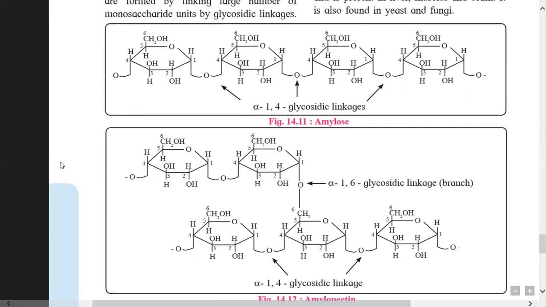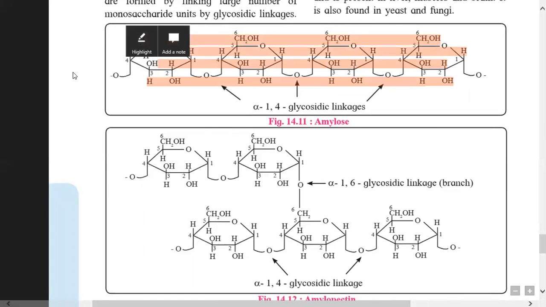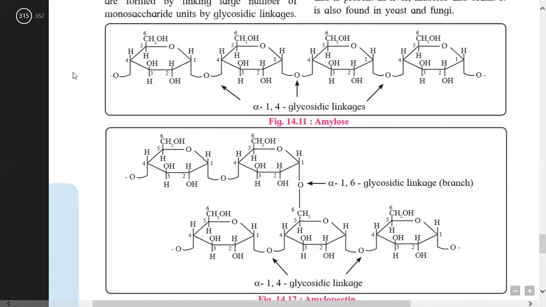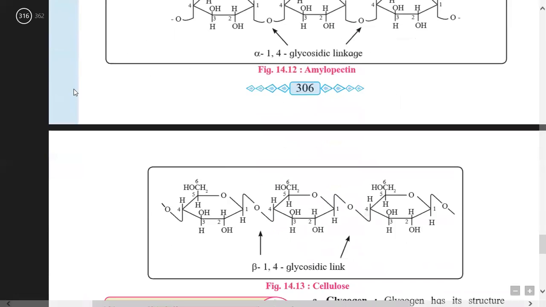These glucose molecules are joined together by alpha 1,4 glycosidic linkage. This is the first glucose molecule, this is second, this is third, this is fourth. Like this, many glucose molecules are linked together by alpha 1,4 glycosidic linkage, and this is the structure of amylose.